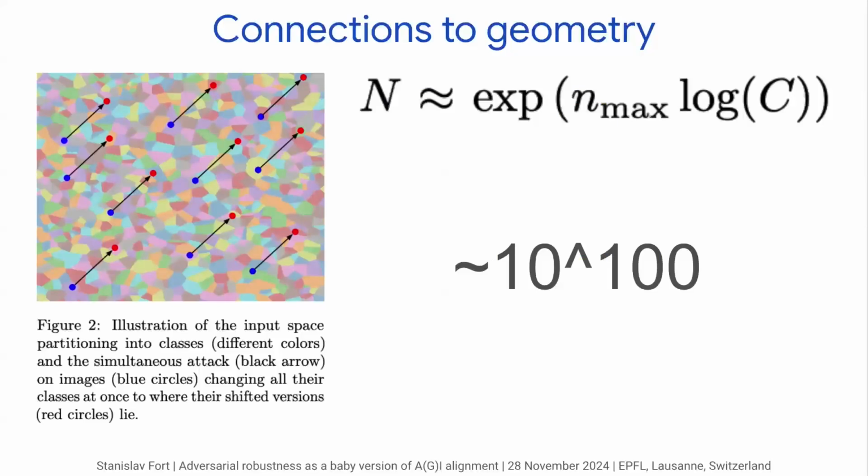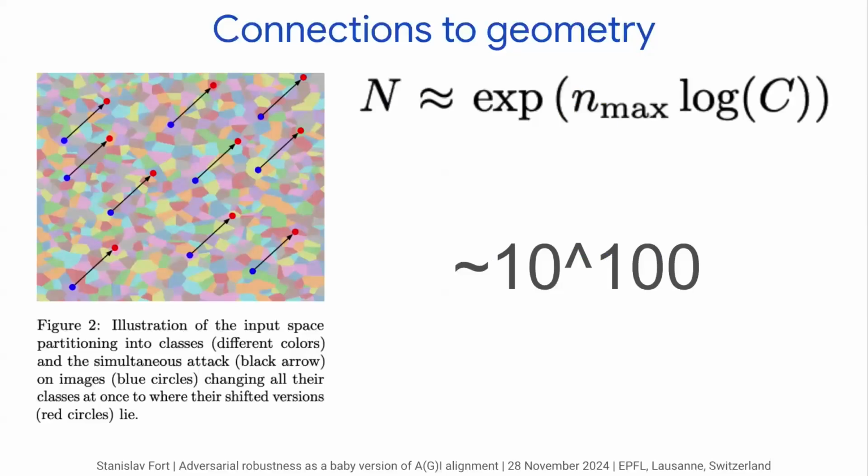And in order to accommodate a maximum amount of images at the same time, while I have C classes to choose from, the approximate number of cells surrounding each image has to be roughly that n, to make the thing I was performing roughly probability order 1. And I can estimate that in this CIFAR10 example, there's roughly 10 to the 100 neighboring cells of different classes around each cell containing an image.